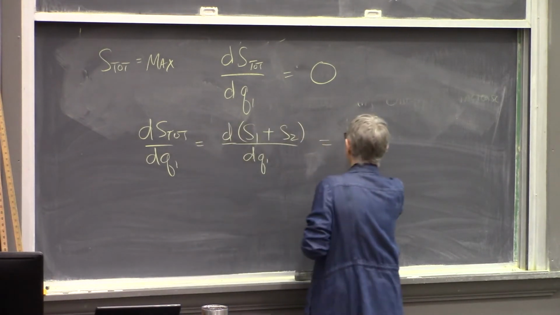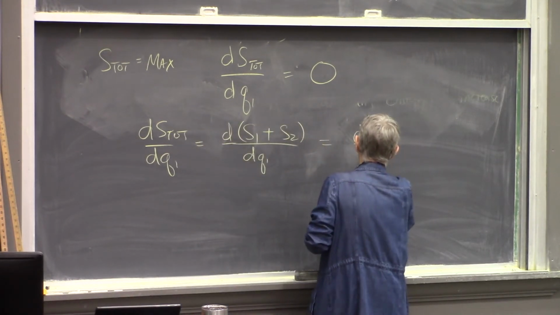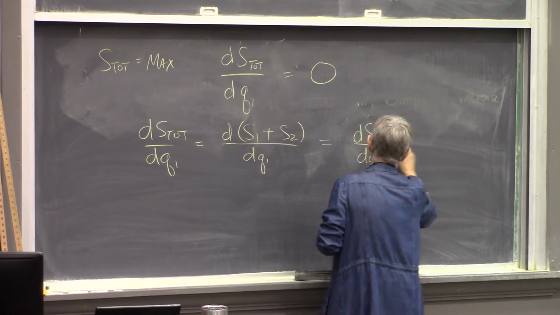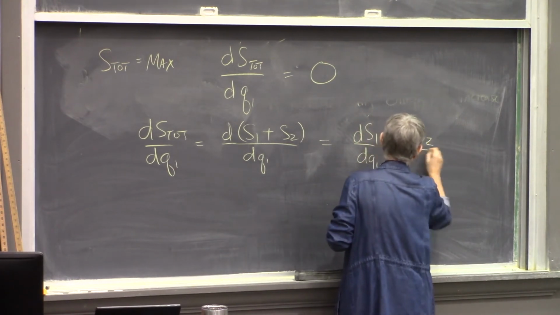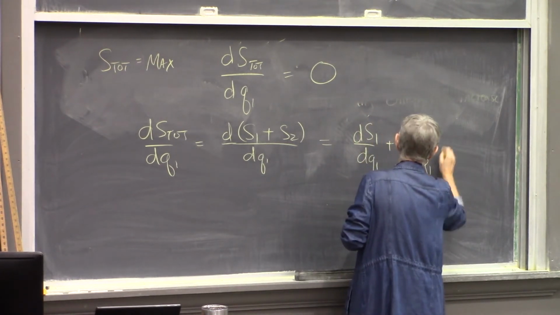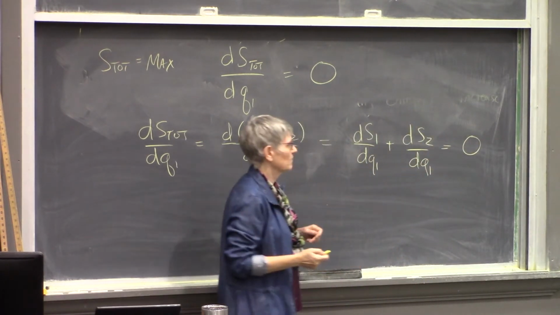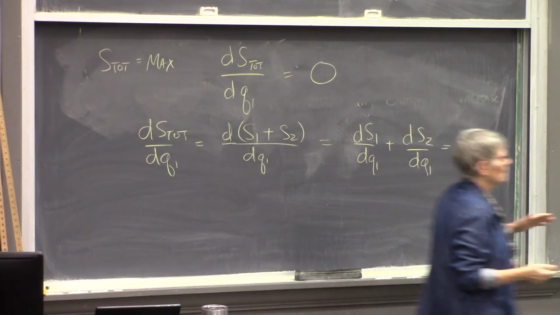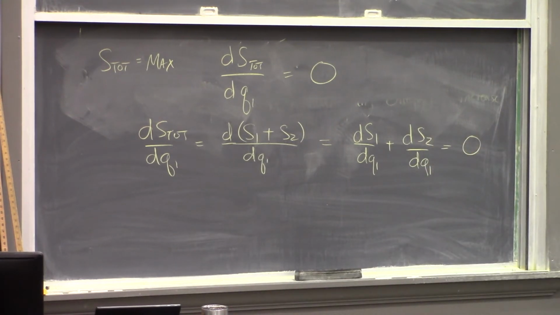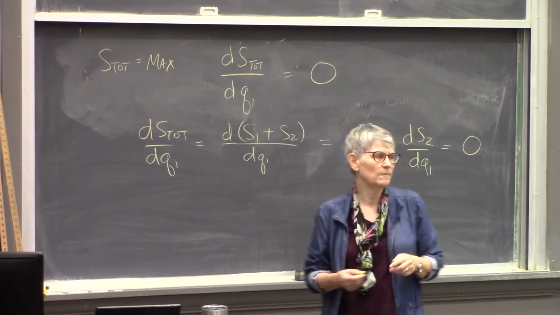And so we get dS1/dQ1 plus dS2/dQ1 has to equal 0. So the rate of change of the entropy of block 1 with respect to Q1, the number of quanta in block 1, plus the rate of change of entropy of block 2 with respect to that same thing has to be 0.